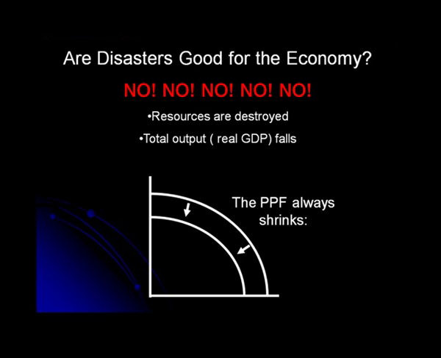It must. Our conventional measure of the ability to satisfy wants and needs is GDP, gross domestic product, total output, and disasters reduce GDP by reducing our ability to produce. Output falls. With reference to the model we've developed here, the production possibilities frontier must shrink. Case closed.